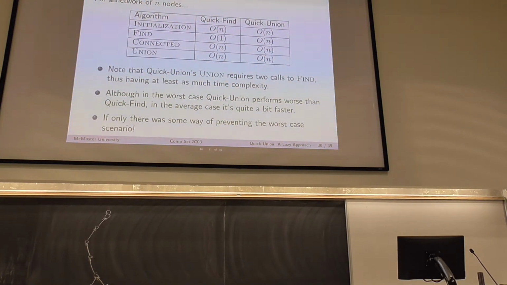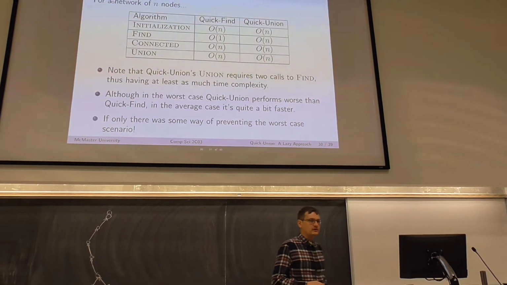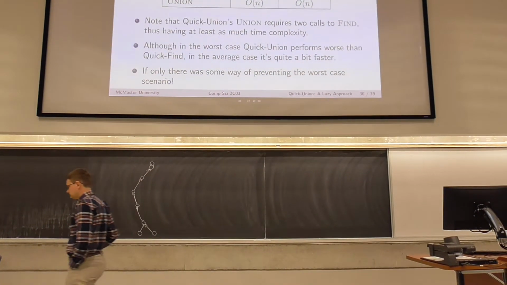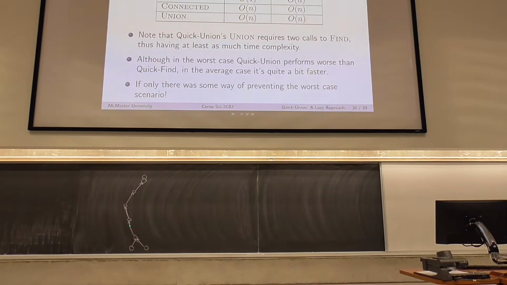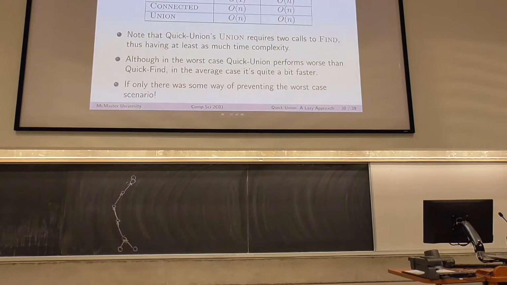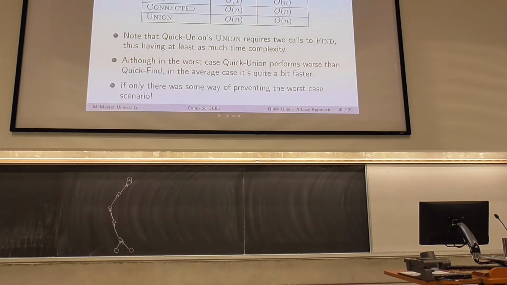So the question we then have, how might we go about improving this? In our worst case scenario, we have a roughly linear data structure, right?